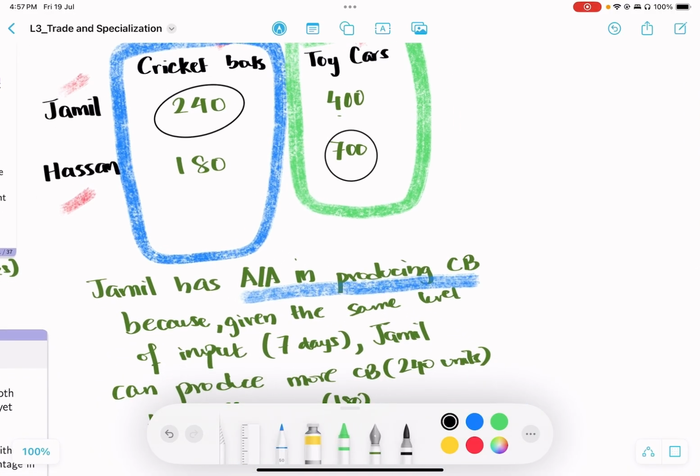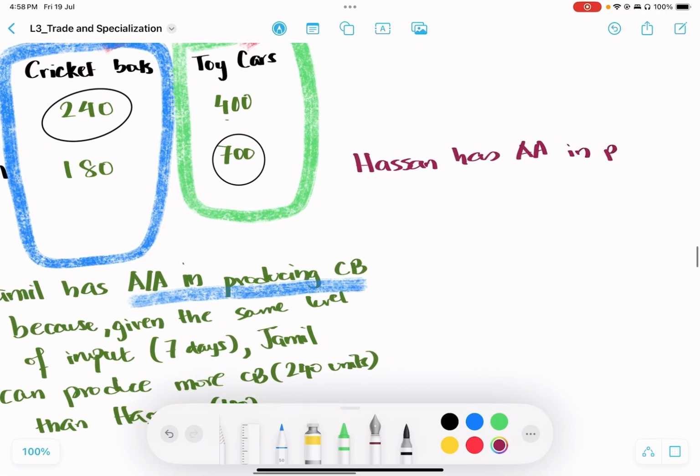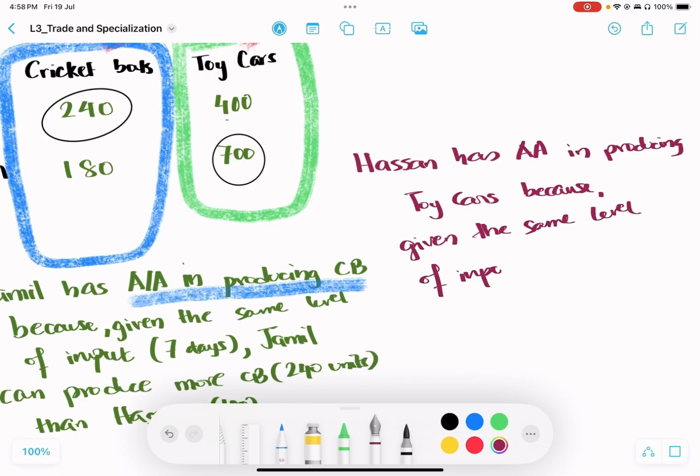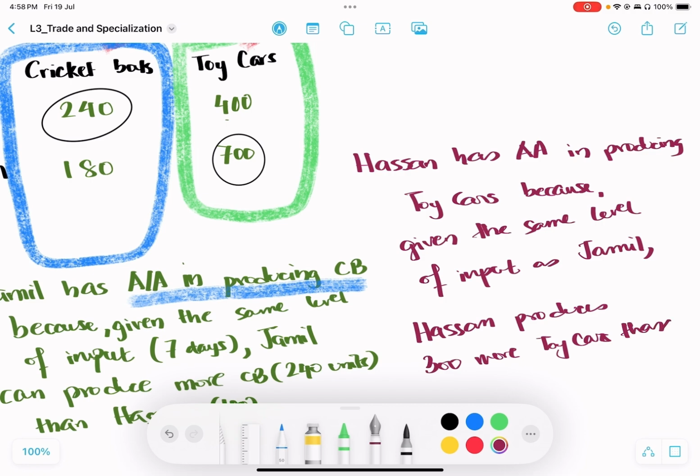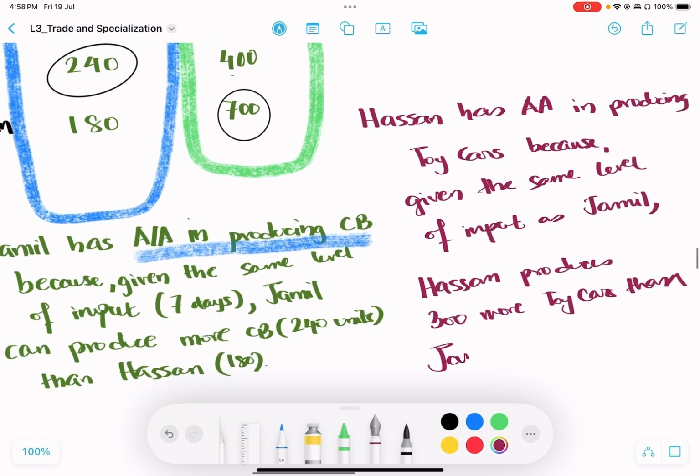Again, if you were to write that down, we can say that Hassan has absolute advantage in producing toy cars because, and this is very important, given the same level of input as Jamil, Hassan produces 300 more toy cars than Jamil.